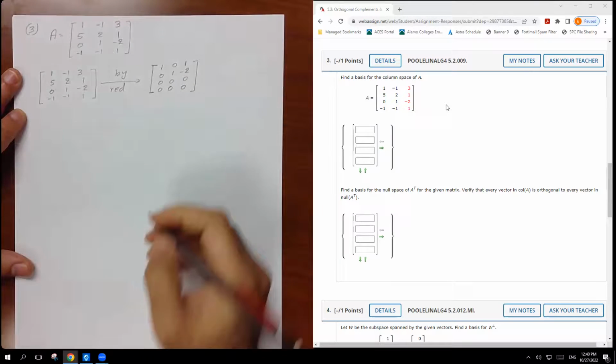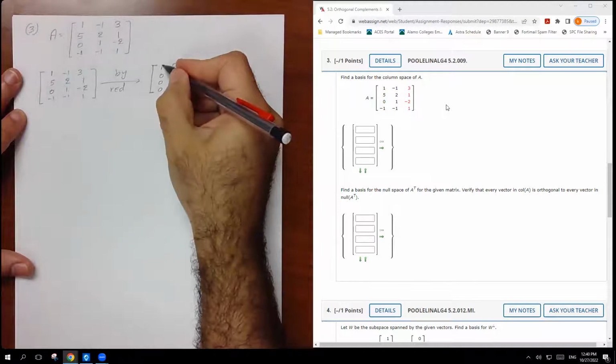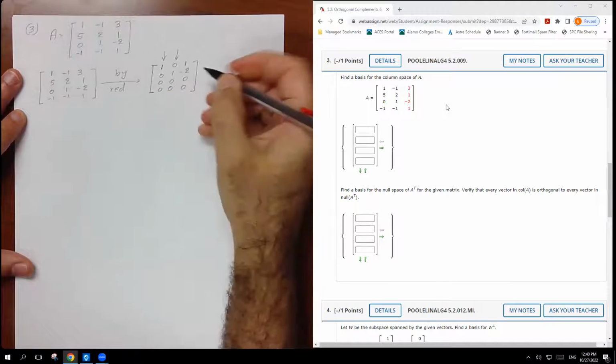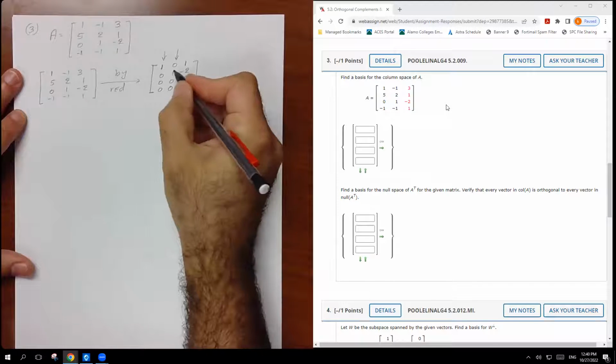Now, the column space of A: here is the first leading entry and here is the second one. There is no leading entry here.